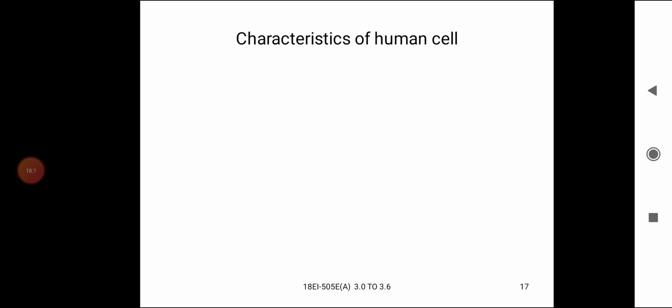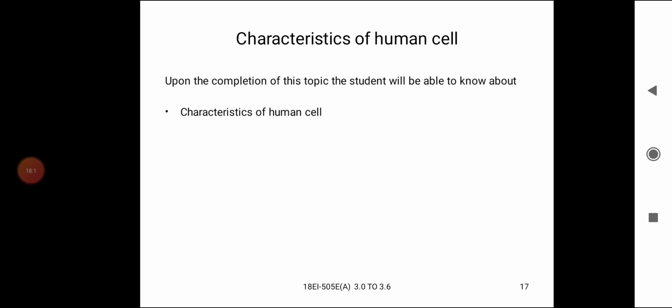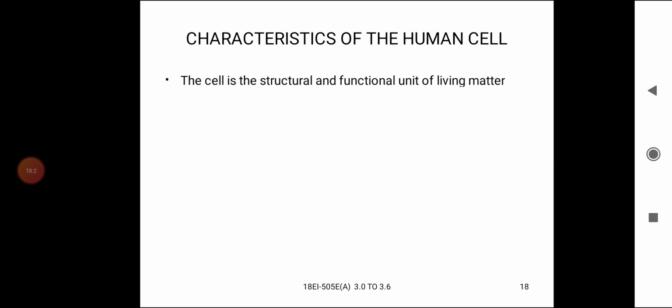Characteristic of human cell. Upon completion of the topic, the student will be able to know about the characteristics of the human cell. The cell is the structural and functional unit of living matter.